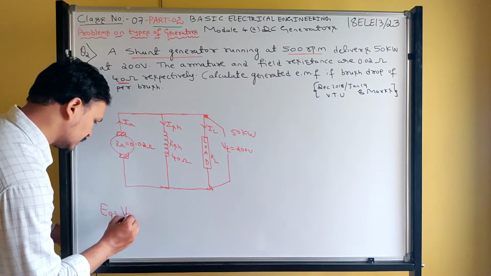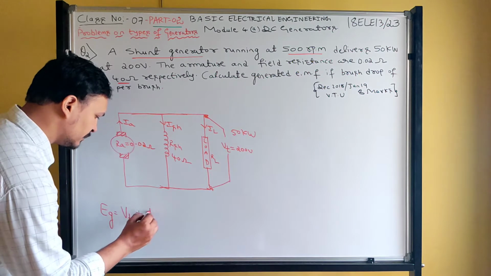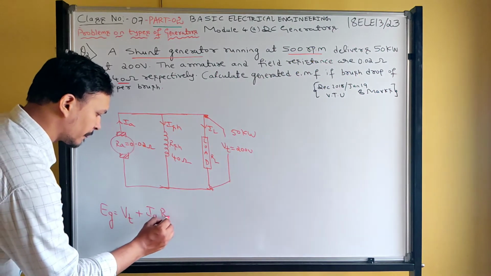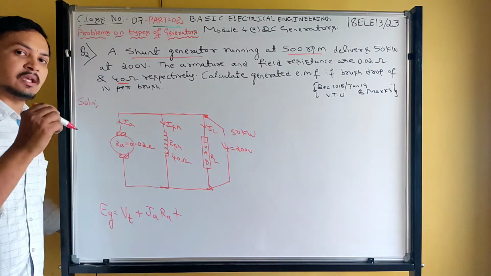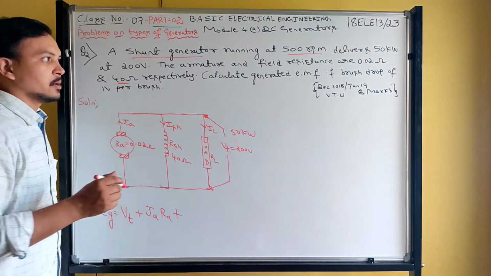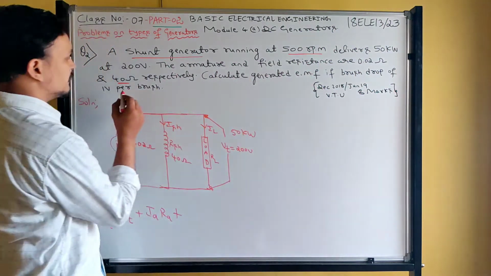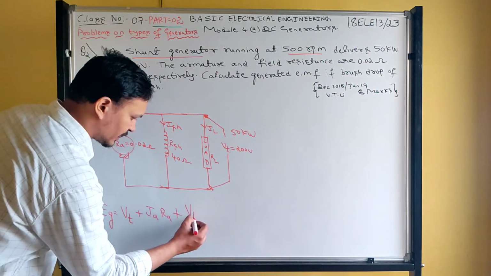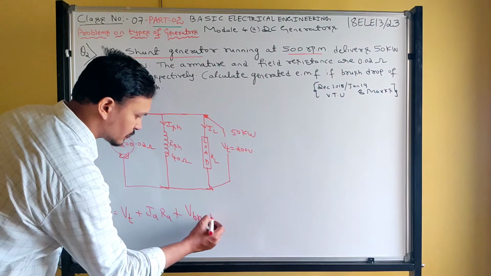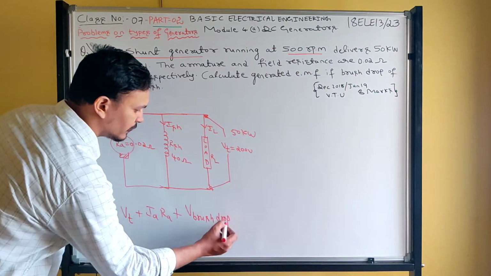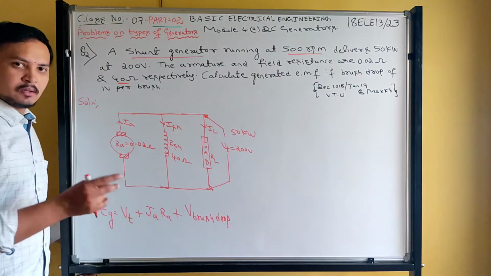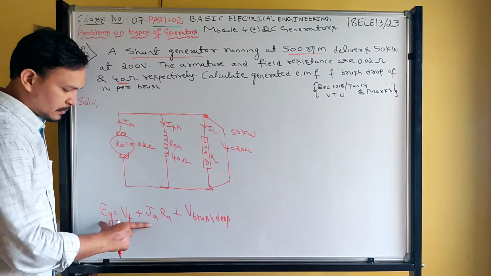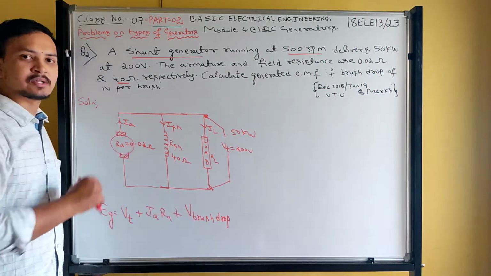The voltage relation for the generator is EG equals Vt plus IaRa plus, in this problem they given brush drop data. Whenever they give brush drop data, you have to add V brush drop, meaning total brush drop, in the same voltage equation.